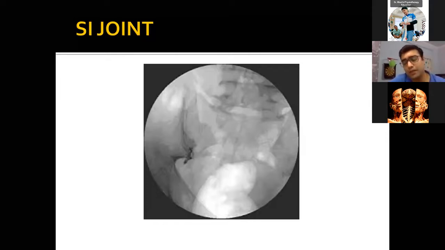So many a times what happens is that the patient is having pain because of the facet arthritis or sacroiliac pain, which is being referred down to the leg. Okay, so it is like an appendicular pain.